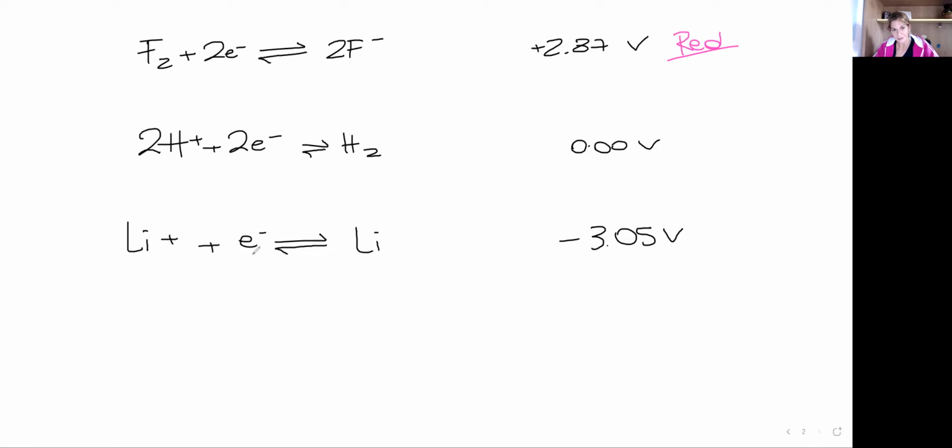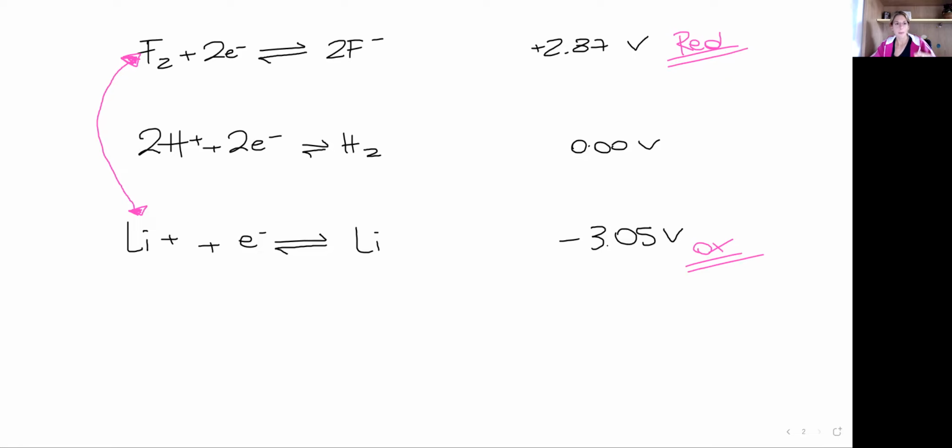So despite this being given as a reduction potential, if we consider these two equations together in a redox, the lithium, it's very negative. It's not so likely to be reduced, but it's more likely to be oxidized instead.